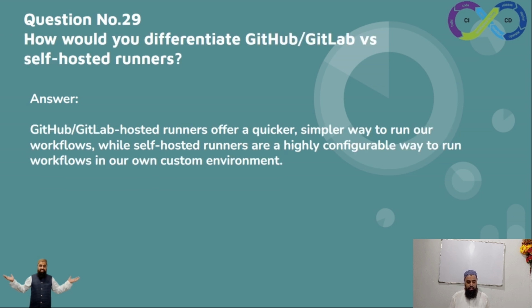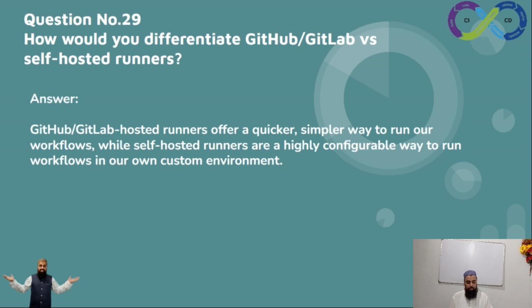Question number 29: how would you differentiate GitHub and GitLab runners versus self-hosted runners? That is actually an important question. GitHub and GitLab, where we store our code, have runners for CI/CD pipelines, and they offer a quicker, simpler way to run our workflows.